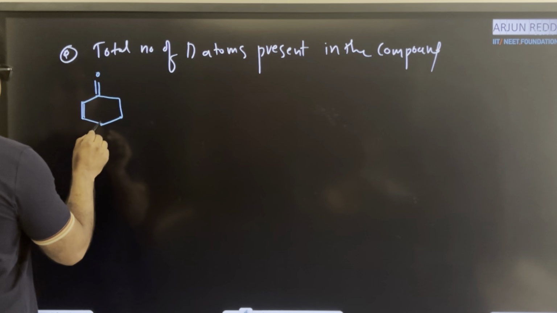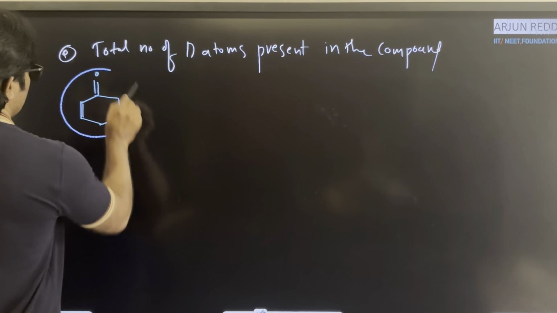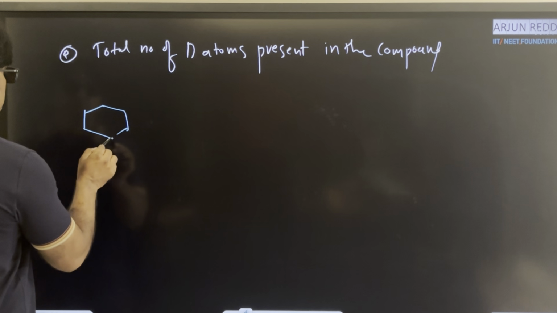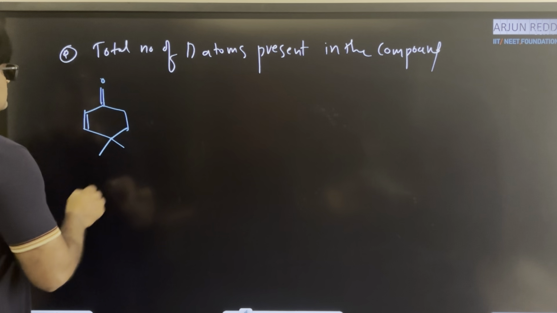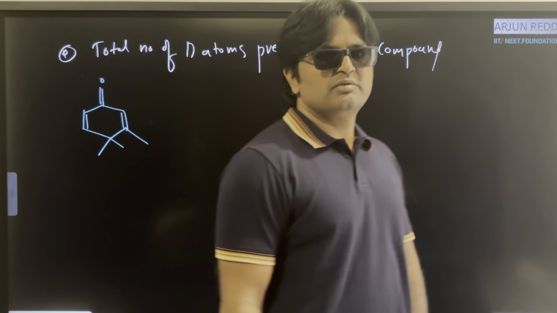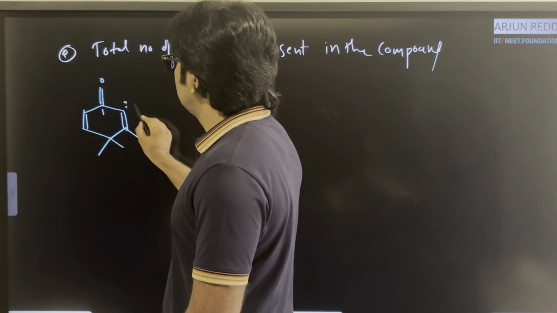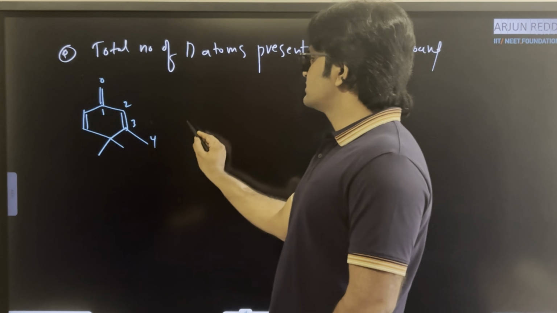C double bond O. Little more complicated example I am giving. This is the given molecule. Now, if you start numbering like this 1, 2, 3 and 4, at fourth position there is an acidic hydrogen atom.